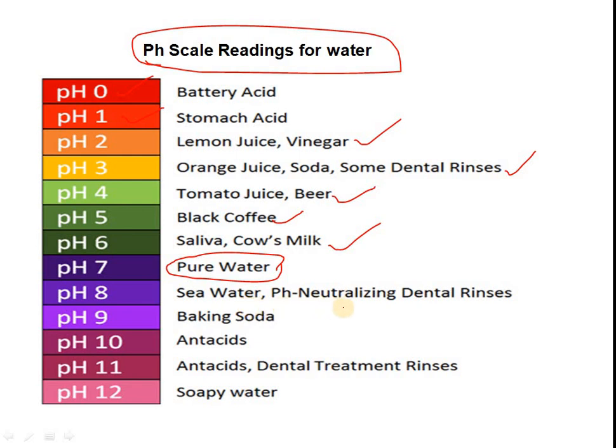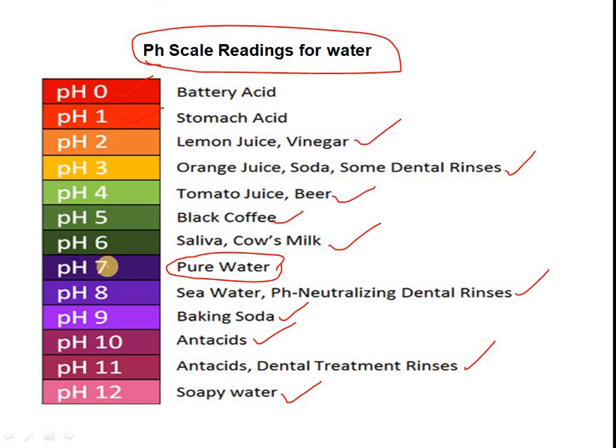And pH 8 is seawater and neutralizing dental rinses, pH 9 is baking soda, pH 10 is antacids, pH 11 is antacids and dental treatment rinses, and pH 12 is soapy water.